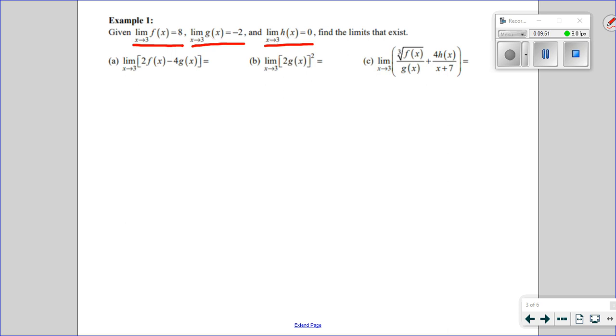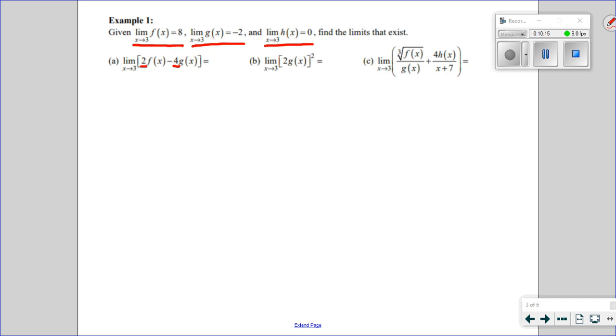Okay, so in example A, we want to find the limit as x approaches 3 of 2 times f of x minus 4 times g of x. So I'm actually going to use two different properties here. I'm going to use the constant multiple property, because 2 is a constant multiple and 4 is a constant multiple. And then I'm also going to use that difference property.